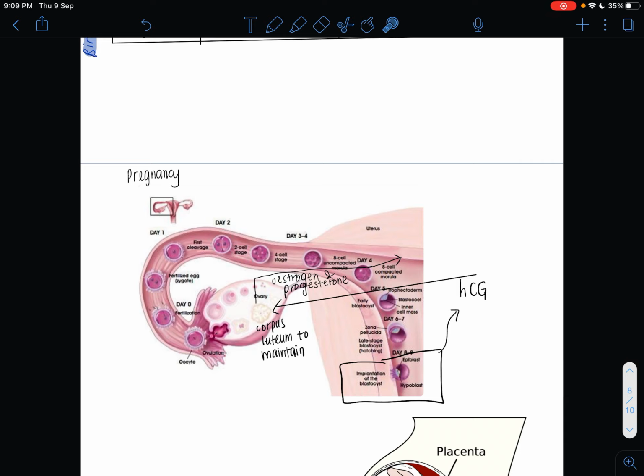So this progesterone and estrogen during this time would also inhibit the pituitary gland from releasing FSH and LH.